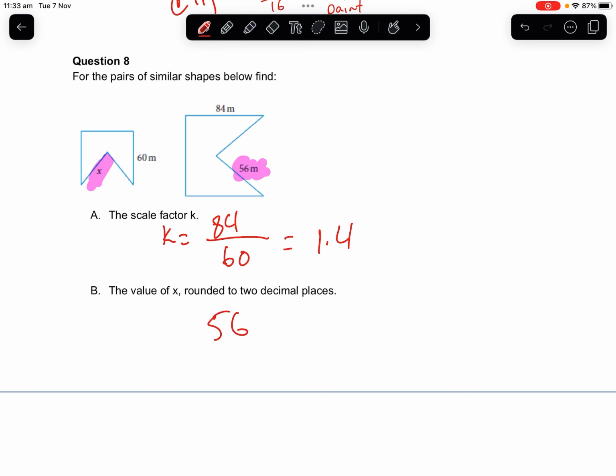So 56 divided by x is equal to 1.4, and 1.4 is the scale factor. Now we need to rearrange this equation to have x by itself on one side. To do that, you go x is equal to 56 divided by 1.4, and that gives you 40 meters. So that means x is equal to 40.